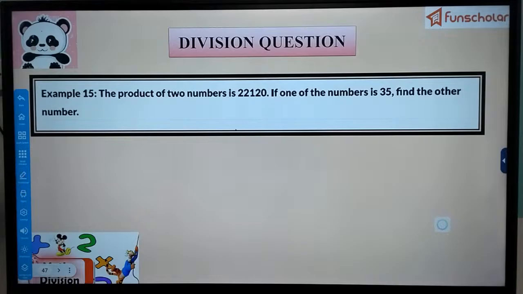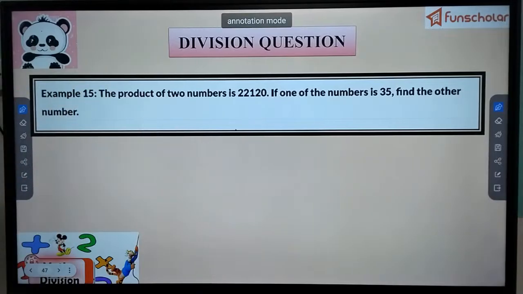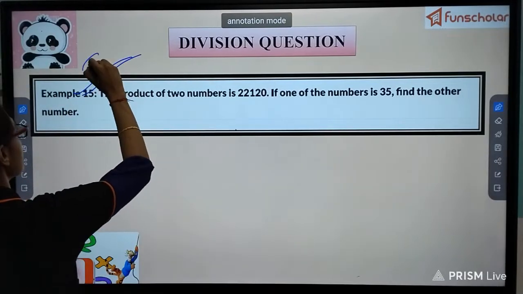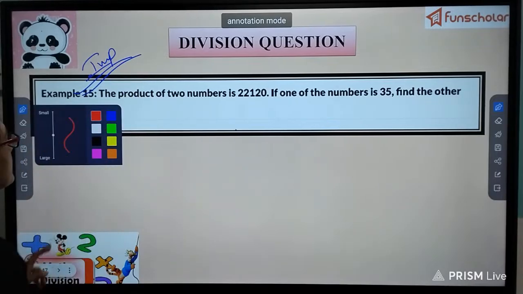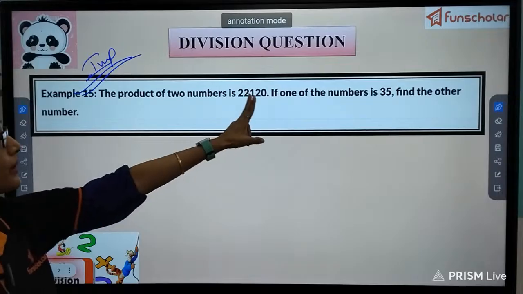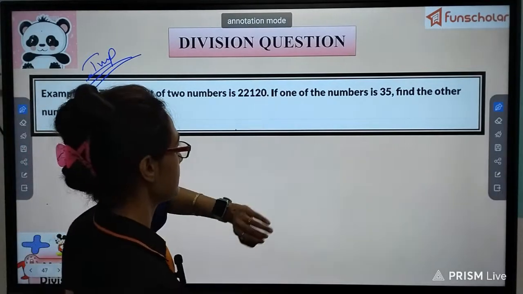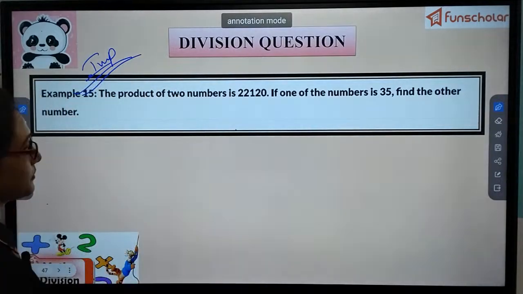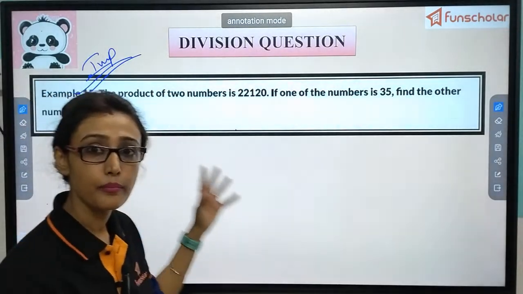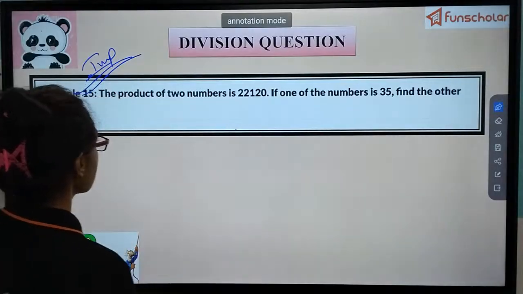So another interesting, very, very important question. See, the product of two numbers is given. If one number is 35, find the other number. This is a very important question. Okay.